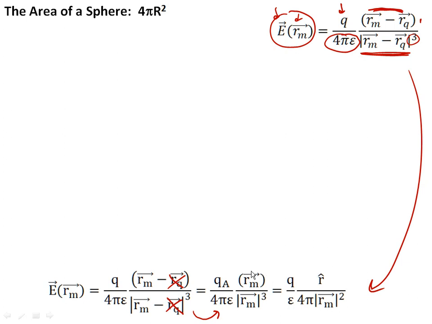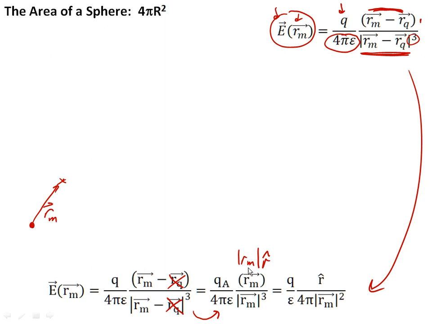Let's write this as the length of the vector, a unit vector from where the charge is out to where we're measuring. In other words, here's the charge right here, and here's a point out here where we're trying to measure. So our vector r sub m goes from the charge out to where we're measuring.